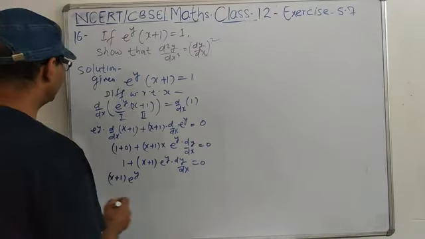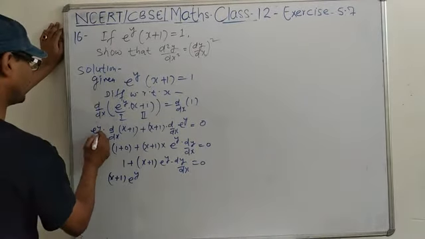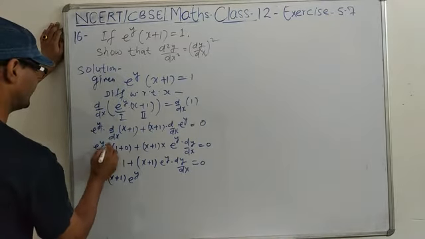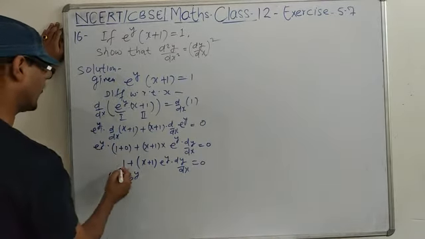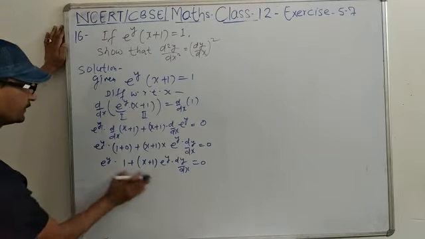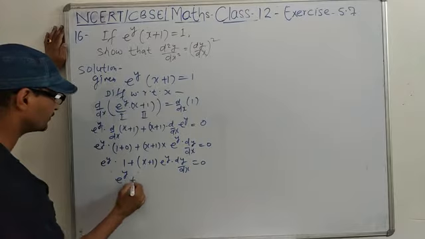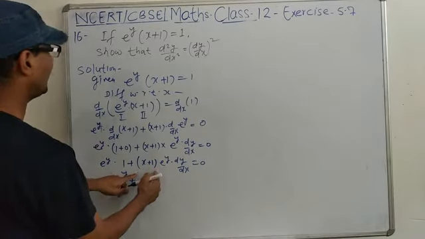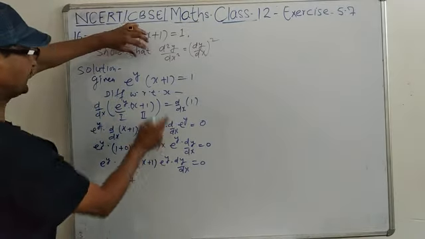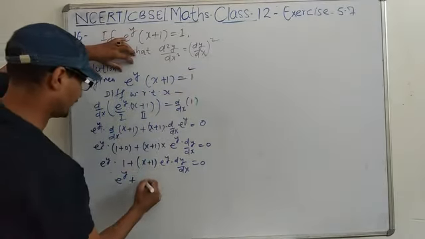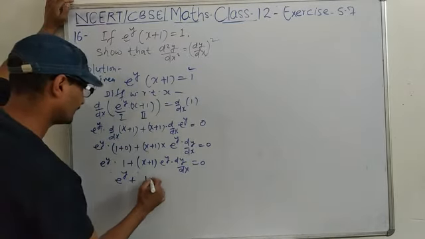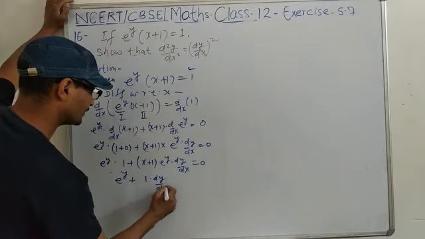So let's see what is missing here: d/dx of this e to the power y, and here also e to the power y into 1, plus (x plus 1) e to the power y, we can write 1, because e to the power y (x plus 1) is equal to 1, into dy by dx is equal to 0.